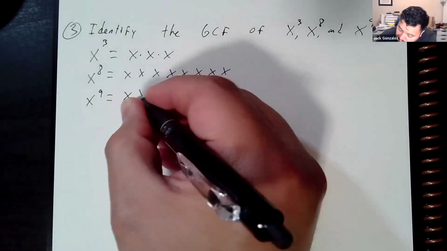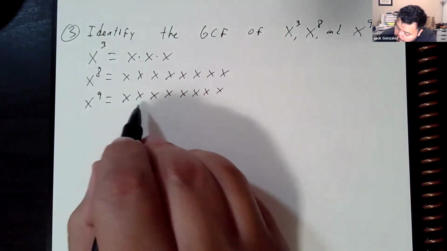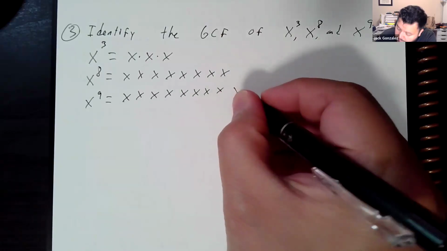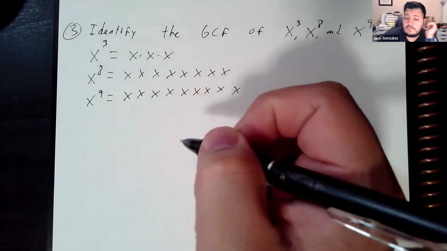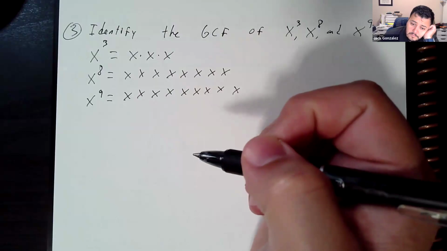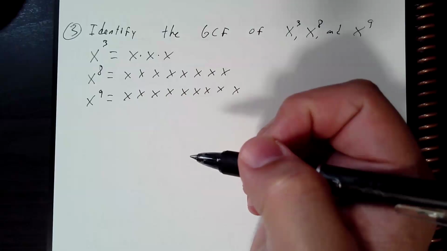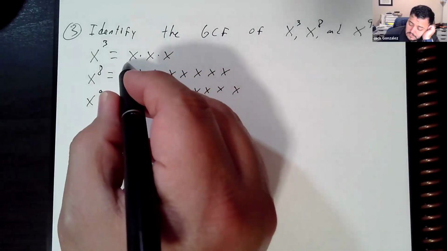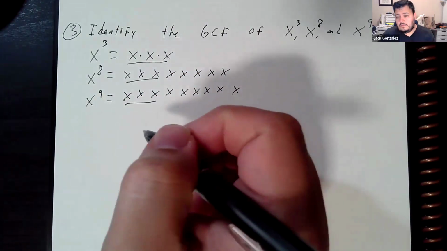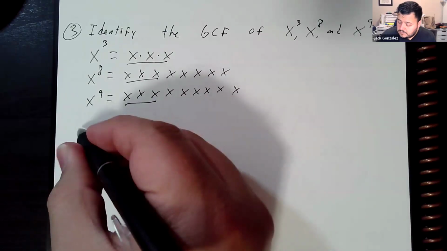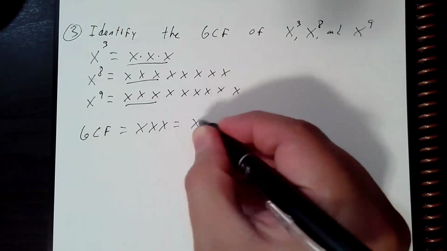And then tell me what they have in common. What do they have in common? Should be clear. That they're all x, or they all have at least 3. Yeah, they have exactly 3 in common, right? 3 factors. So the GCF is equal to this.